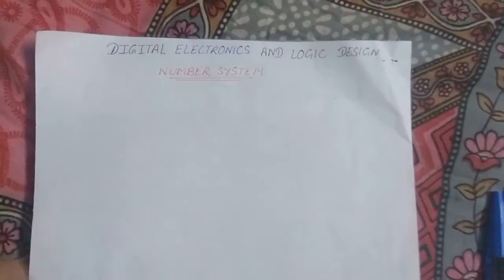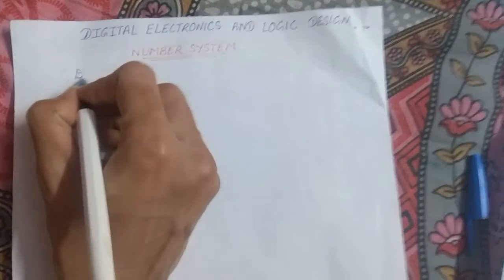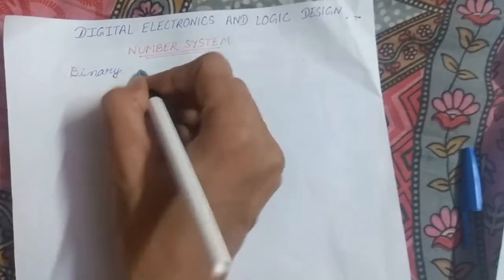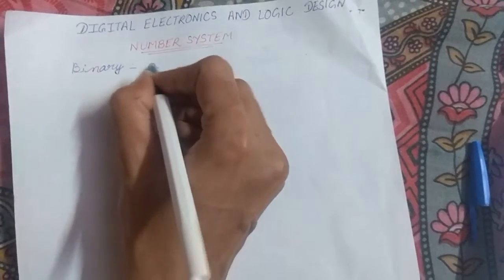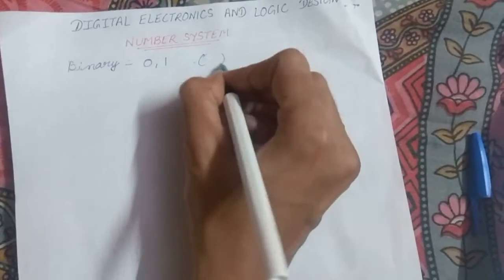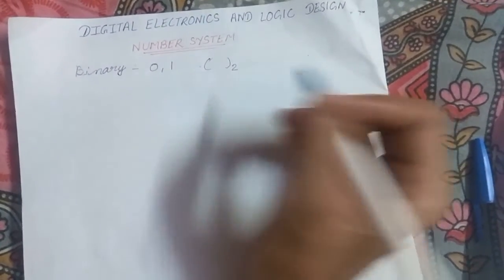To begin, as you all know, we have the binary number system. In binary, we have only two digits, 0 and 1. If we write it in the form of base or radix, then it is 2.